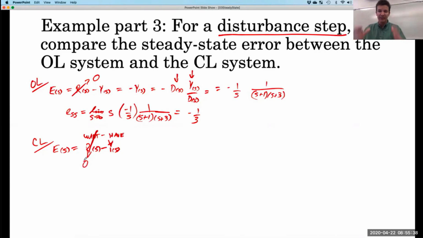The system is sitting still. I'm not telling it to do anything, and yet forces beyond my control are moving the system. I would like for the system to not do anything, but you can't always get what you want, so let's see how far off we are.